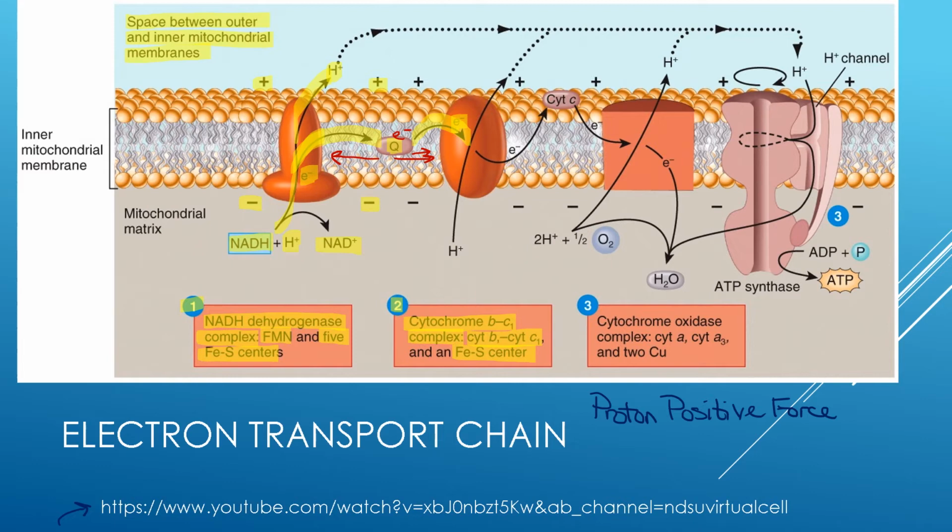So electrons are passed through these electron carriers within the complex. You can see these electrons will pass through, and at the same time that these electrons are passing through the cytochrome BC1 complex, it's also going to be taking these free hydrogen ions and pumping them out into the space between the two membranes.